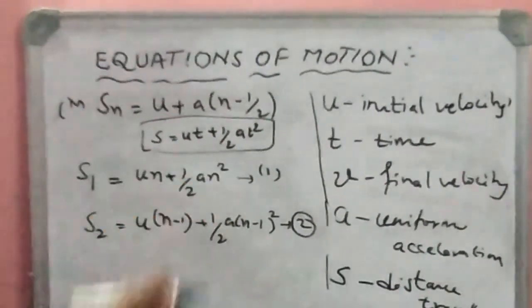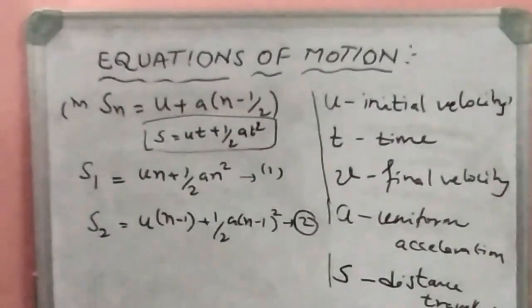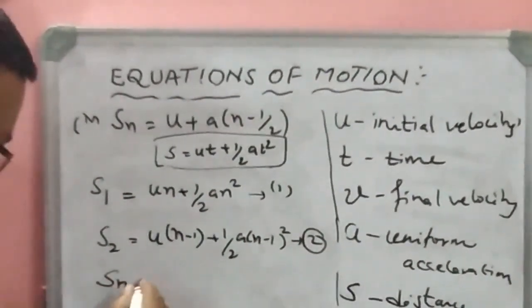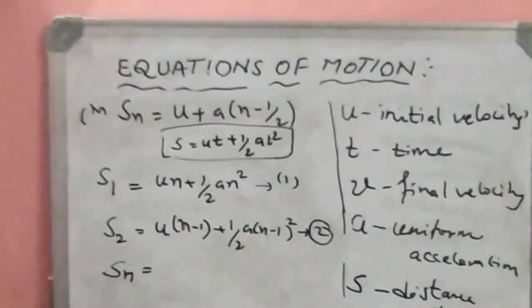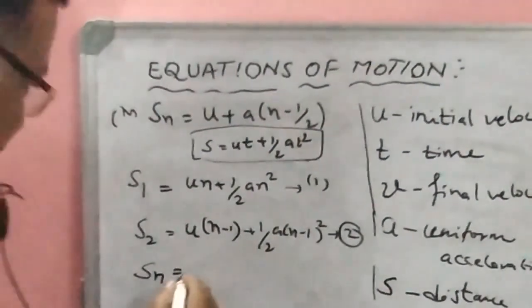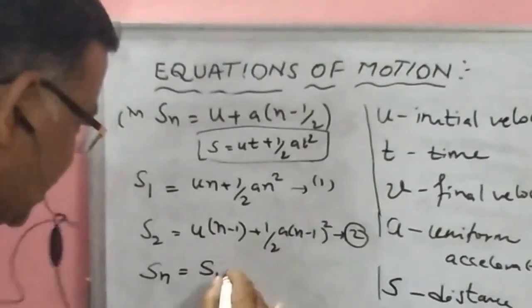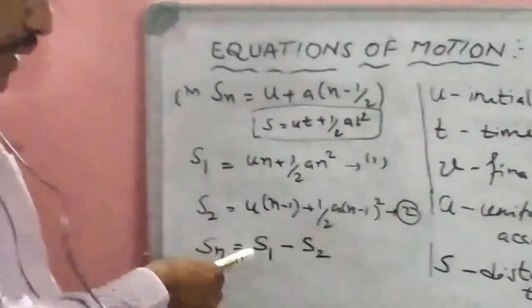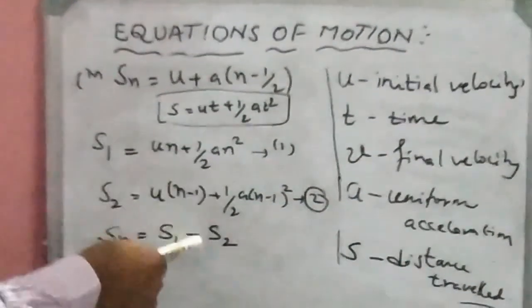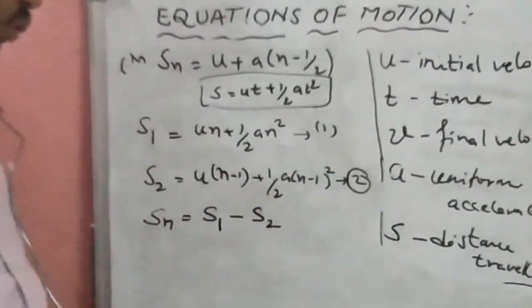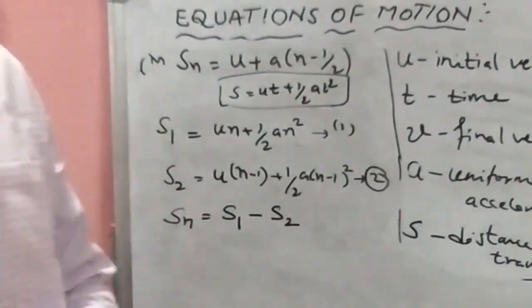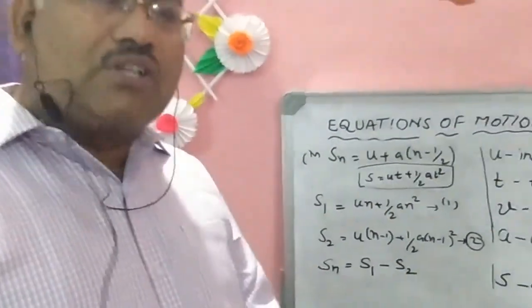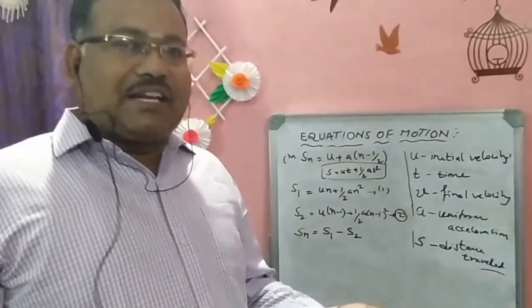Why are we framing these two formulas? Because I have to get Sn. Sn can be derived by using the formula S1 − S2. S1 is the distance travelled in n seconds and S2 is the distance travelled in n−1 seconds. Suppose n = 20 seconds, then n−1 is 19 seconds.